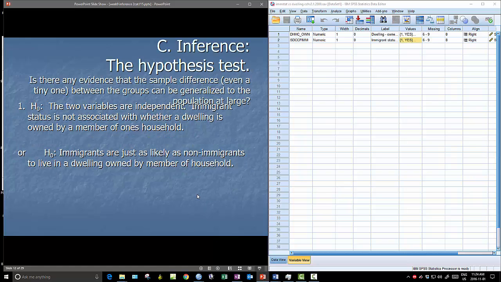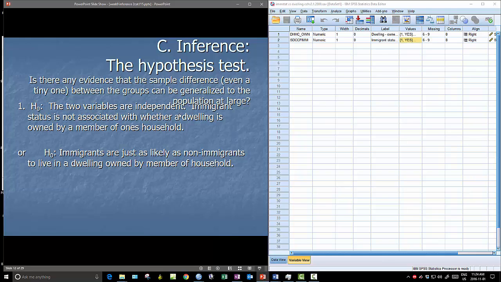Inference. So, now we get into the more complicated part of the process. Well, not really more complicated, because technically all we're doing is pushing buttons and getting responses back. The null hypothesis, which we always start with, is that there's no difference. In this kind of situation with two categorical variables, this is the style of null hypothesis that you will see.